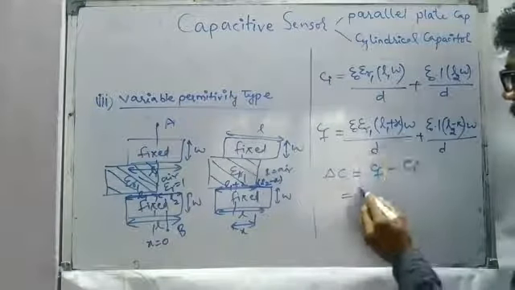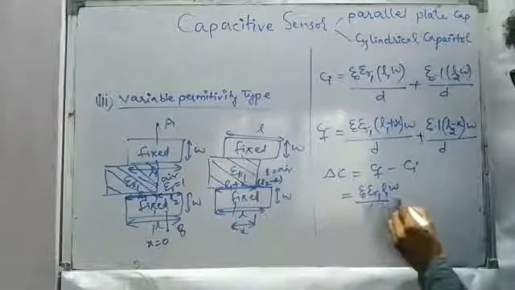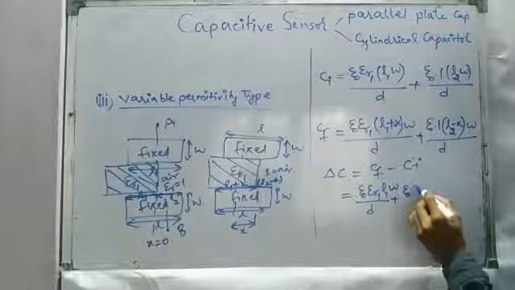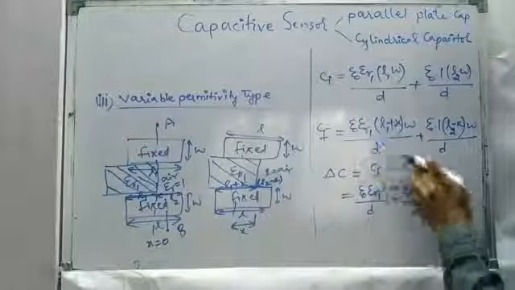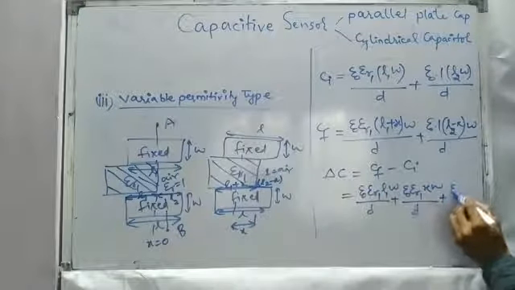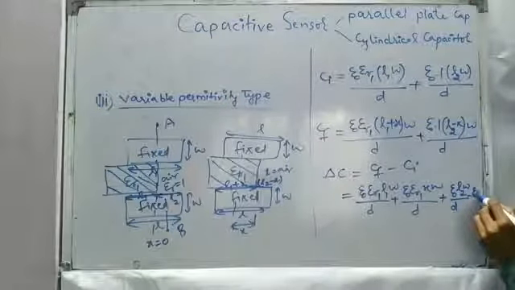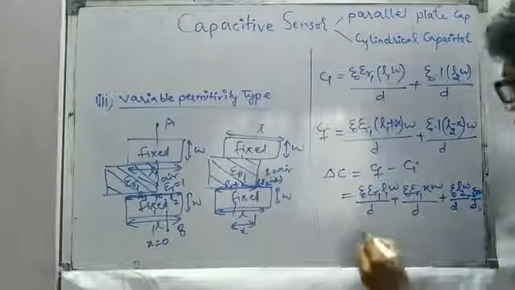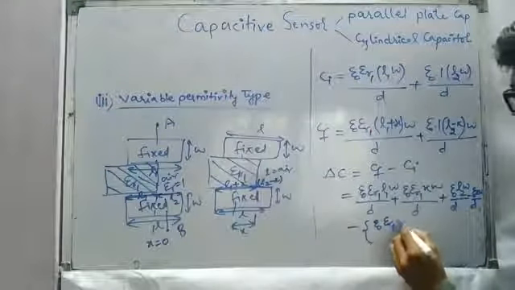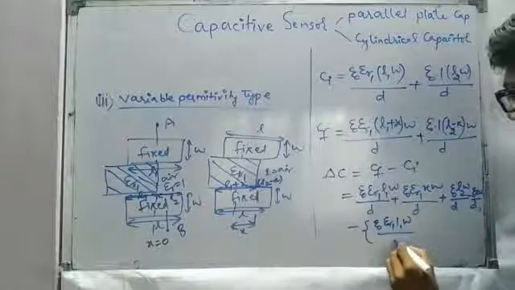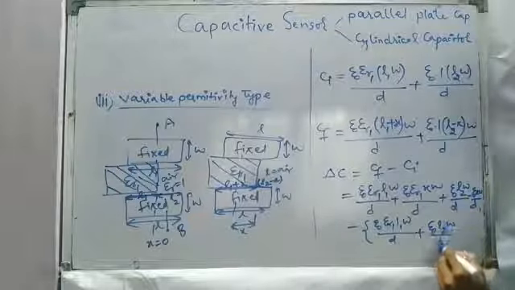So C final is, let's multiply this so it becomes easy to simplify, epsilon naught epsilon r1 x w by d, L1 w by d, plus epsilon naught L2 w by d minus epsilon naught x w by d, and minus the initial capacitance epsilon naught epsilon r1 L1 w by d plus epsilon naught L2 w by d.